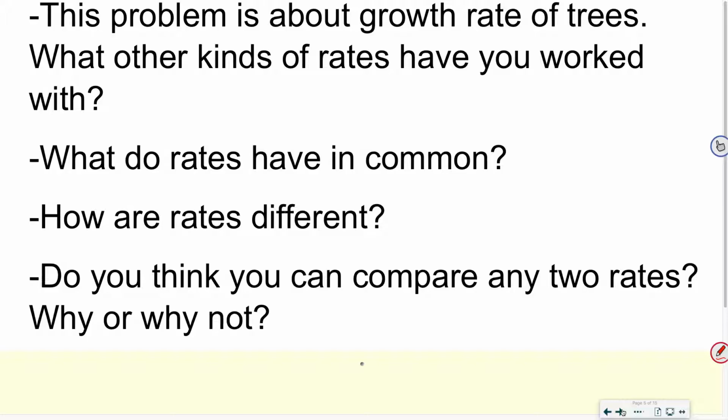Cupcakes per minute. Eating cupcakes per minute? Or making cupcakes per minute? Either way, if I'm a baker or if I'm just someone who's hungry. Food is a big one. What else? Speed, absolutely. If your car's driving certain miles per hour. Absolutely. Can we compare any 2 rates?